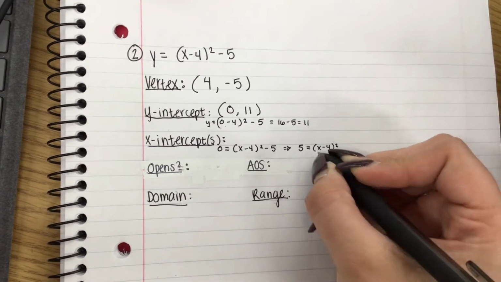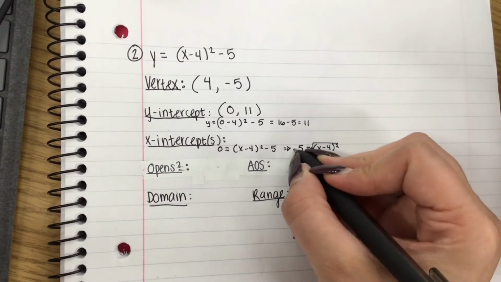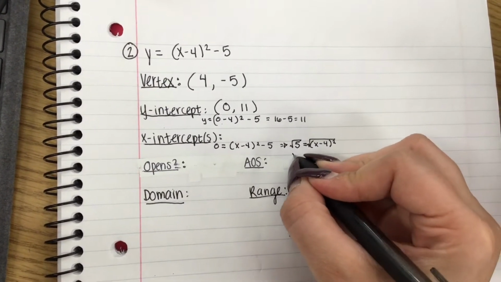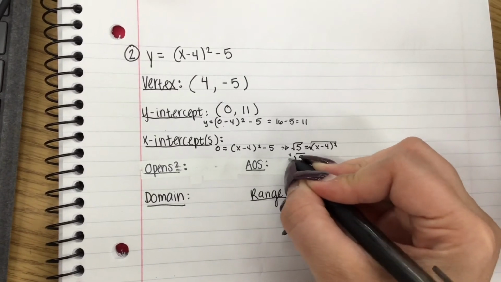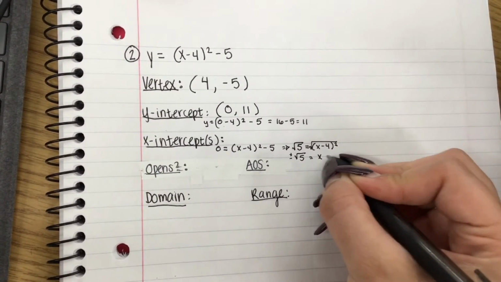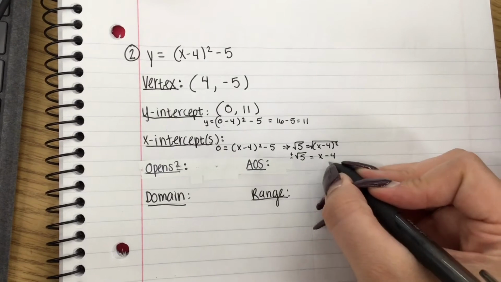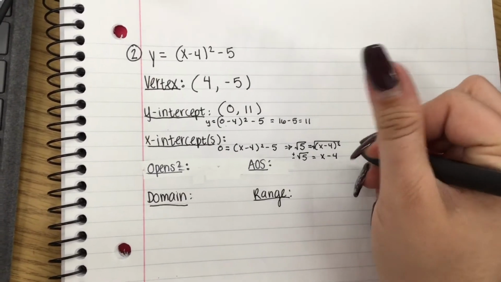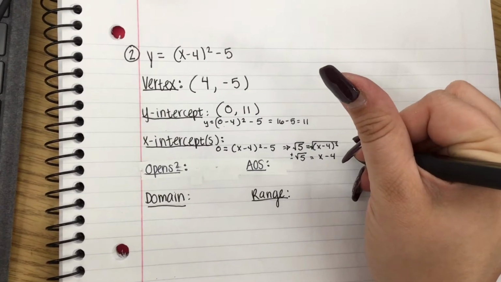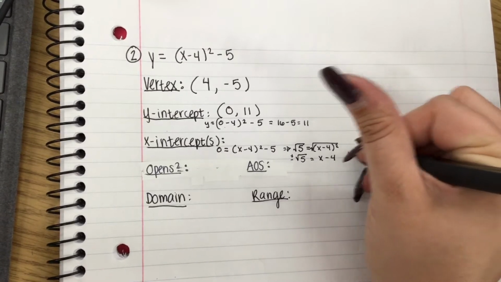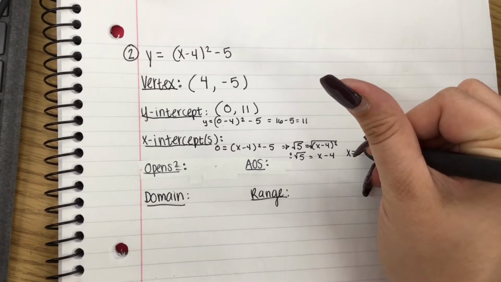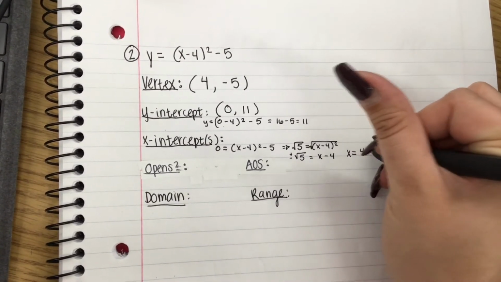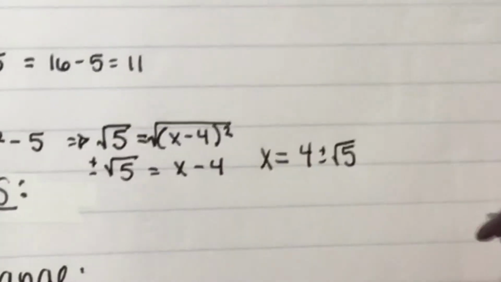And then x minus 4 quantity squared on the right side. I can take the square root of both of those because I don't have a number in front of those parentheses. Remember, I want to put a plus or minus in front of that square root of 5 because I want this to look like quadratic formula answers. And then when I add 4 over, I want to put that +4 in the front and then the plus or minus square root of 5 at the end.